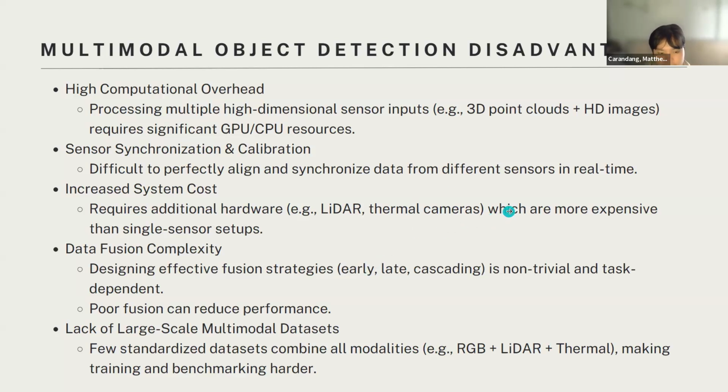And lastly is the lack of large scale multimodal datasets. Datasets would require multiple sensors such as RGB, LiDAR, thermal. So when you're finding datasets to train and test models on, they have to support the different modalities that the model needs.